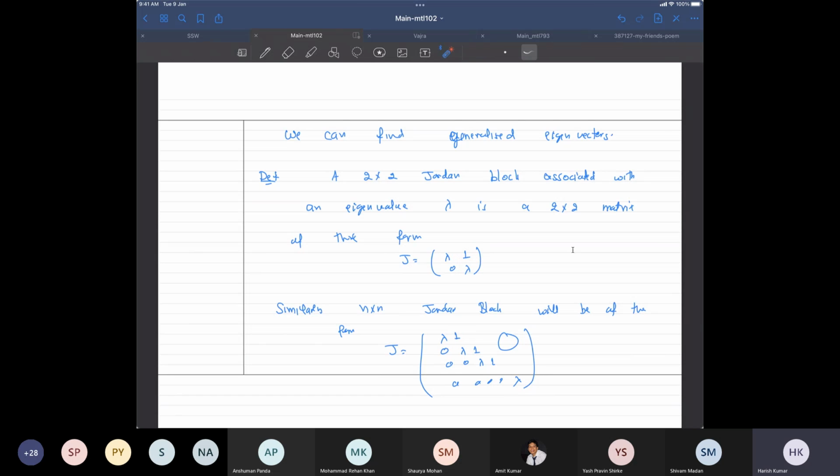What we will aim to show in this discussion is that any matrix A with real eigenvalues will be similar to something of this form. Not exactly this form, but it can have some other blocks also, which will contain blocks of this kind.